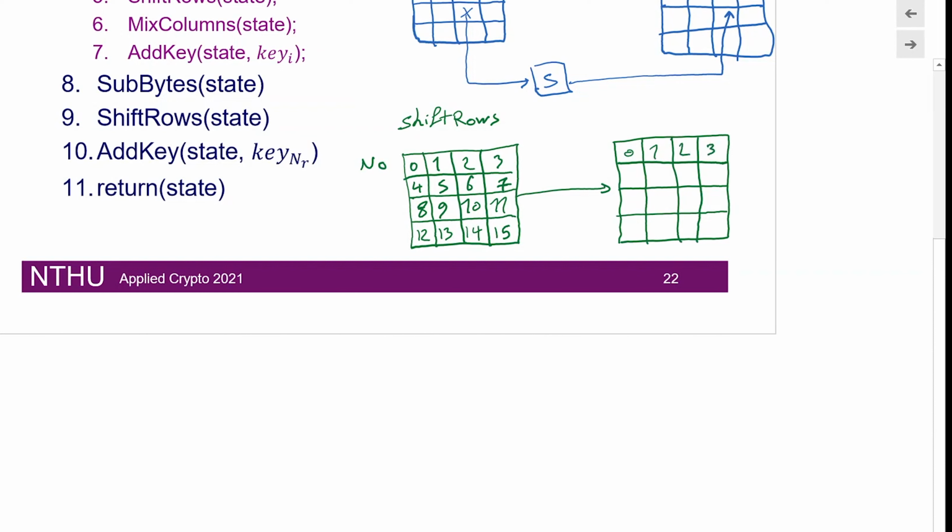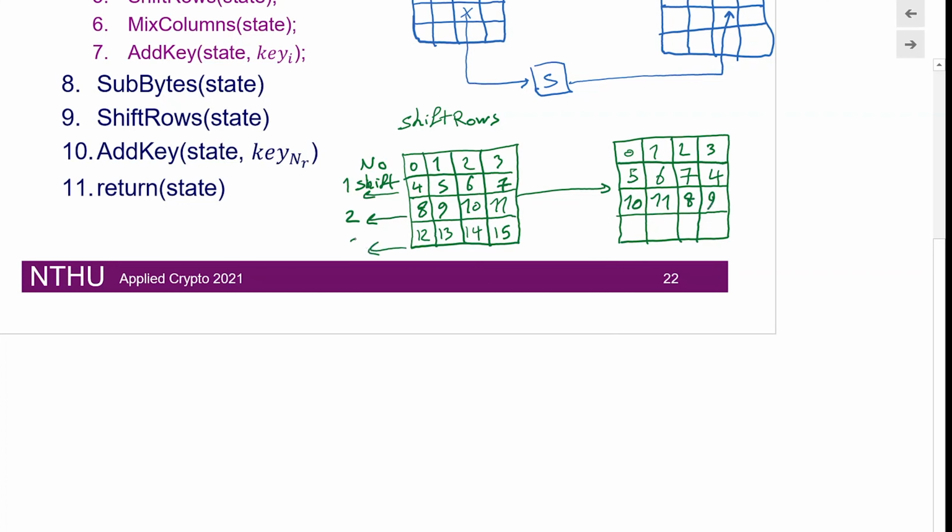And then the second row, I will do one shift, right? So it is a rotational shift. When I shift it to the left by 1, byte number 5 would come here, then 6, 7, and 4 would go to the back. And then this one I'll do 2 shifts, and what I get is 10, 11, 8, and 9, right?